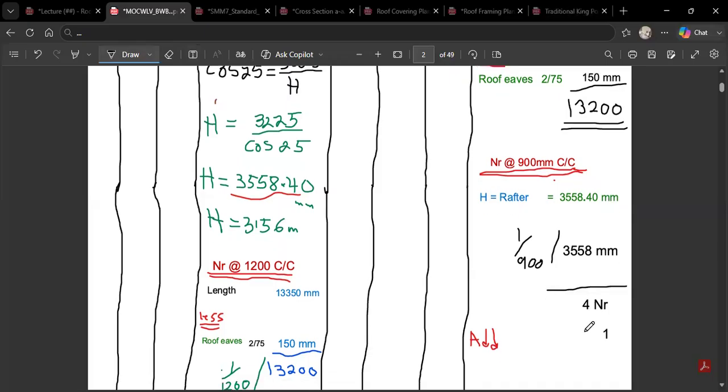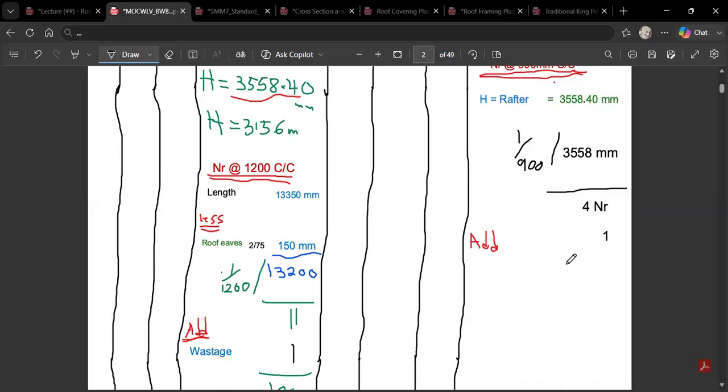So the total number of purlin that is going to go on 1 rafter is 5. Yes, so that is 5 number. As simple as that.